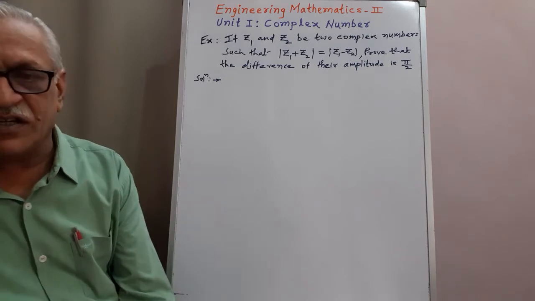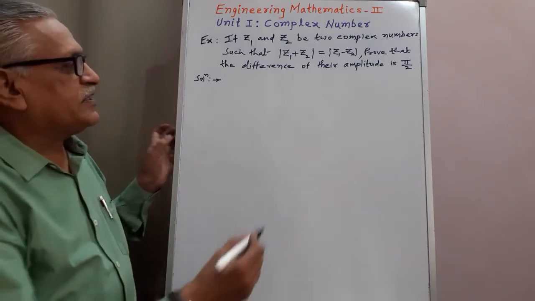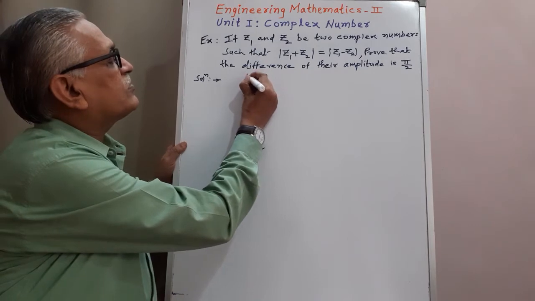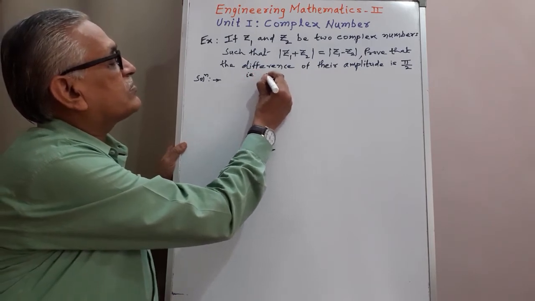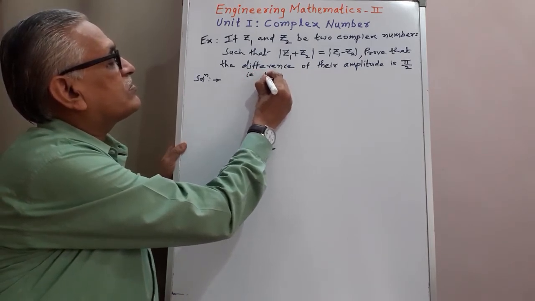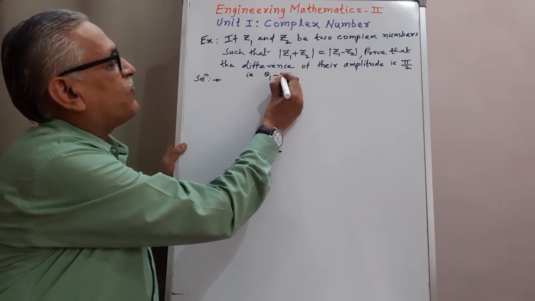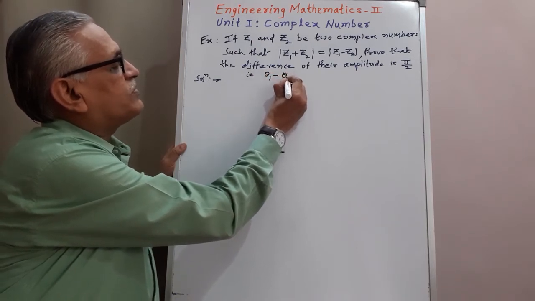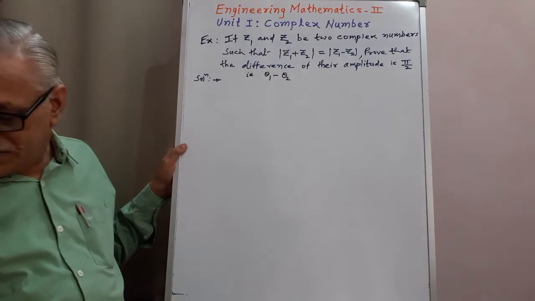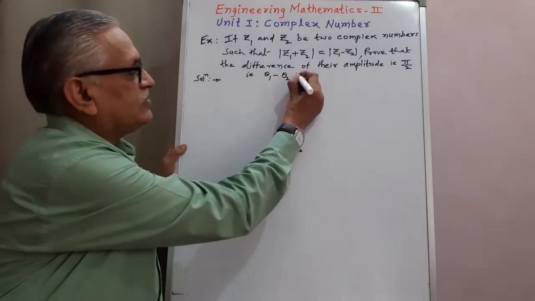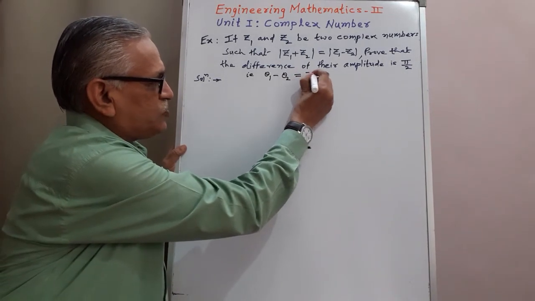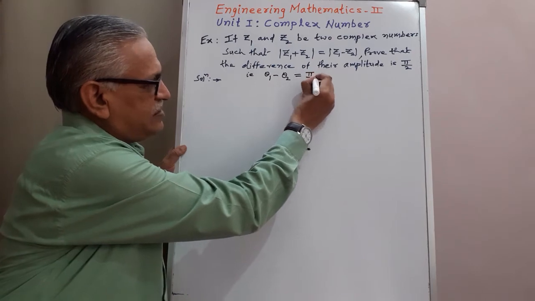Means here, if theta 1 is the amplitude of the first and theta 2 is the amplitude of the second, then the difference of their amplitudes we have to show as pi by 2.